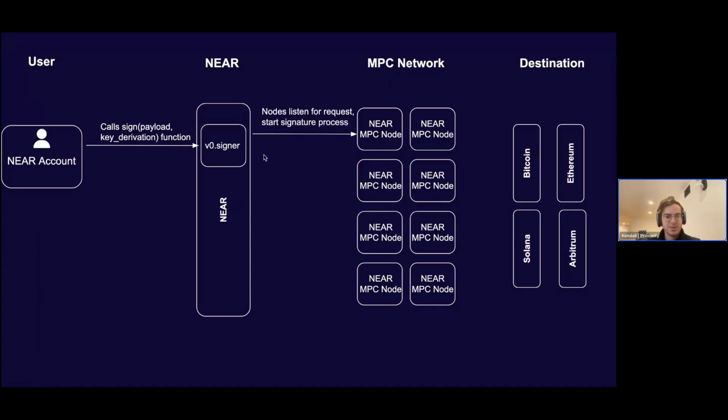What happens after that? This call is made and hits the Near blockchain. It's confirmed, finalized in a block. This MPC network of nodes, which eventually will look a lot like the Near validators, but right now is an independent network of professional validators, is listening for every single request made to this contract. When they see a request come in, they start a signature process.